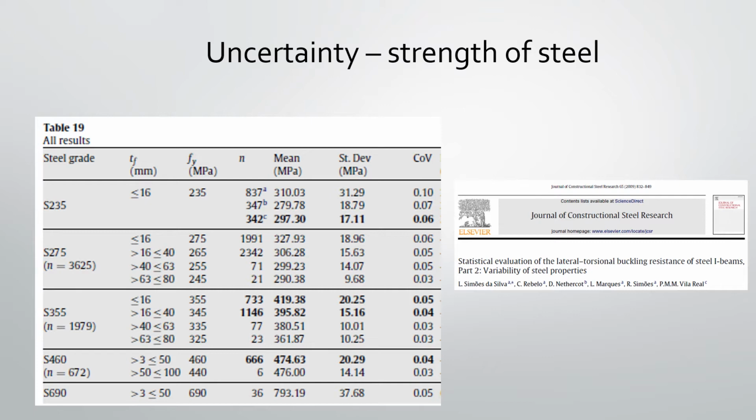The mean value of yield stress is, as you can see, much higher than the specified characteristic value, and even if we take away a couple of standard deviations, we still have a value that is higher than the specified characteristic value. This is quite typical of what we find in laboratory tests, and is often assumed to be a result of the steel manufacturer making steel slightly to the safe side, rather than risking that some of the produced steel should have insufficient yield strength.